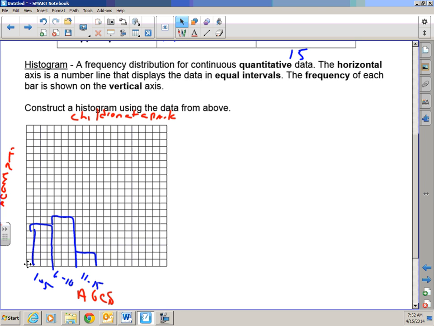And on top of it, if you have an interval that has 0 values, you have to include that interval. You cannot exclude it because you have to tell people that there's no data in that interval. So this is what's called a regular histogram. We're going to work on what's called a cumulative histogram in one of our subsequent lessons.